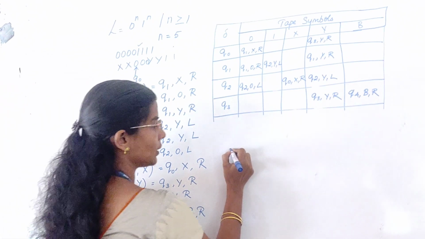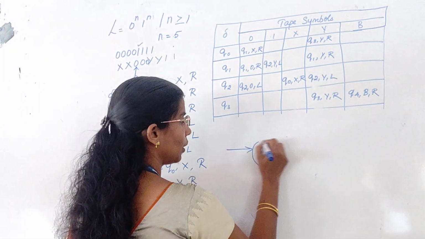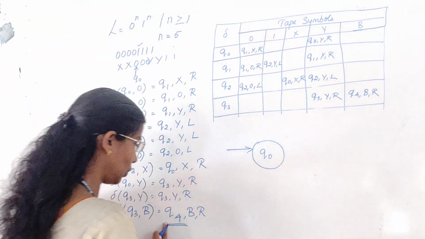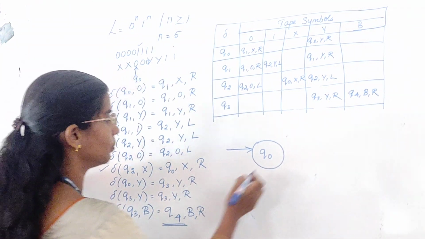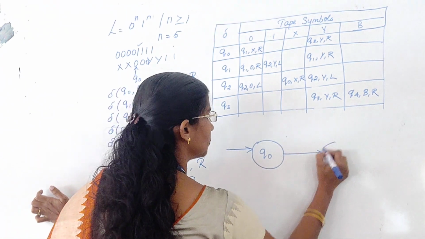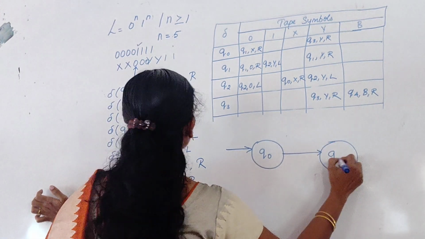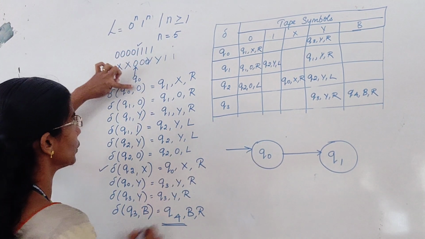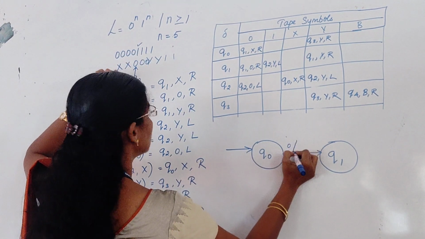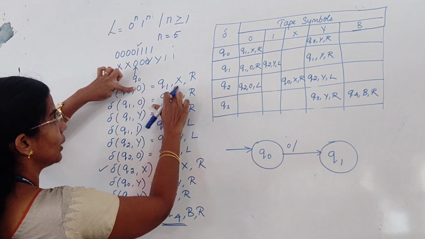Now coming to the transition diagram. Q0 till Q4 I have. Q0 state when it reads 0 is moving to Q1. So how to write it: 0 slash right, XR.